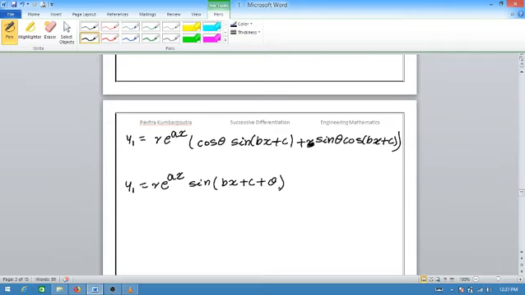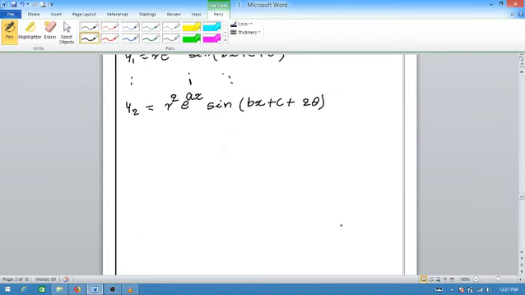If I continue like this, differentiate one more time, then substitute a and b, and you will get the same. So similarly you can try directly. y2 is equal to r square into e raised to ax sin(bx plus c) as it is, plus you will get one more theta, that is 2 theta.